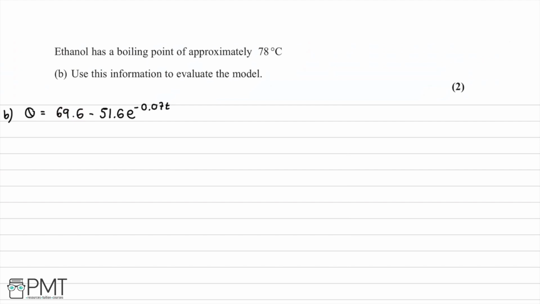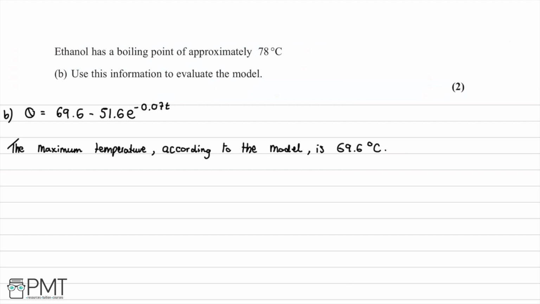So this is where we run into an issue. What does it tell us? This tells us that the maximum possible value of theta is going to be 69.6, because this part here is always going to take away from 69.6. So just writing that down, we can say that the maximum temperature is going to be 69.6 degrees C according to the model.